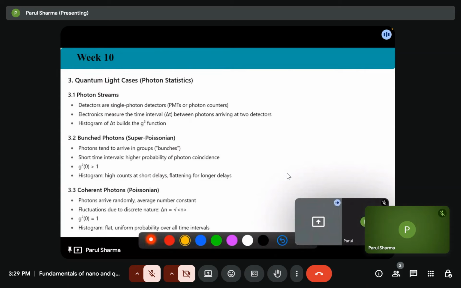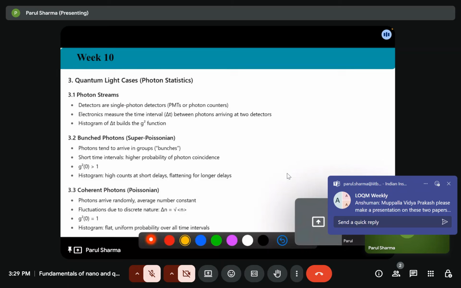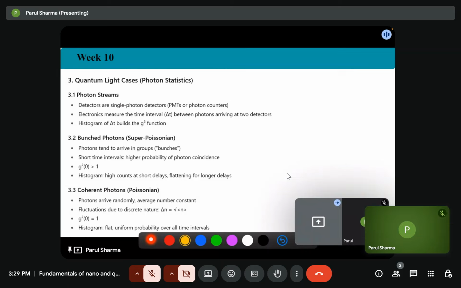Because of the beam splitter, it will split the light into two parts, where it will go to detectors D1 and D2, and the electronics will measure the time interval delta t, that is the counter between the photons arriving at the two detectors. And then we plotted the histogram for the bunched light source as well as the coherent light source.